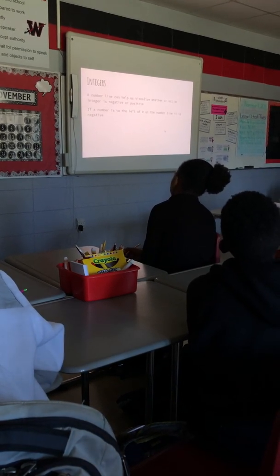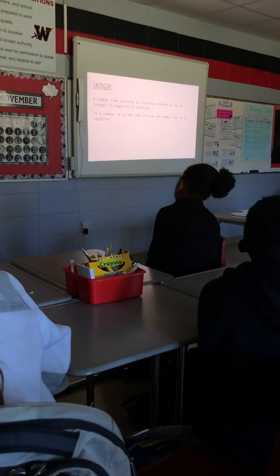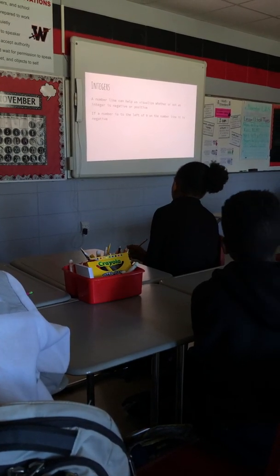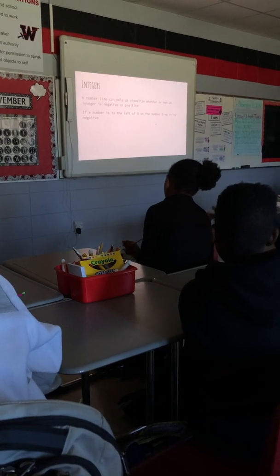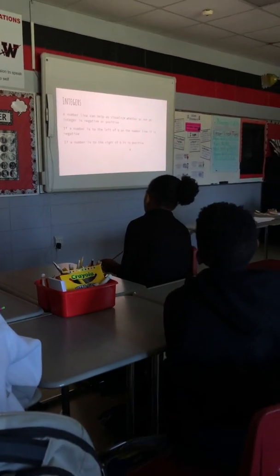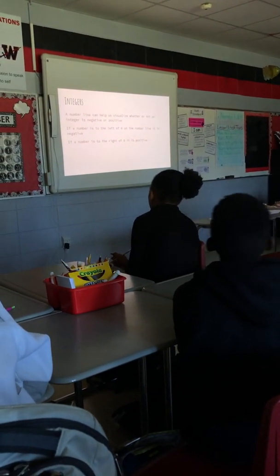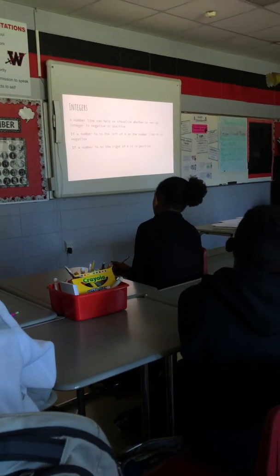If a number is to the left of the 0 on the number line, what is it, guys? Negative. Awesome. And if a number is to the right of 0 on the number line, it is positive. Good job.